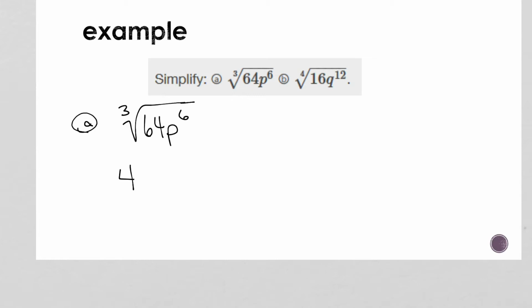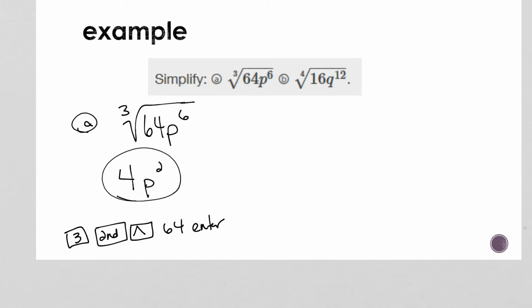If you needed to find that on the calculator, you would hit the number 3, and then the second button, and then the caret button, then 64, and then enter, and you should get 4. And then this part right here, what's left out right here is this number divided by this number. There you go, you're done.